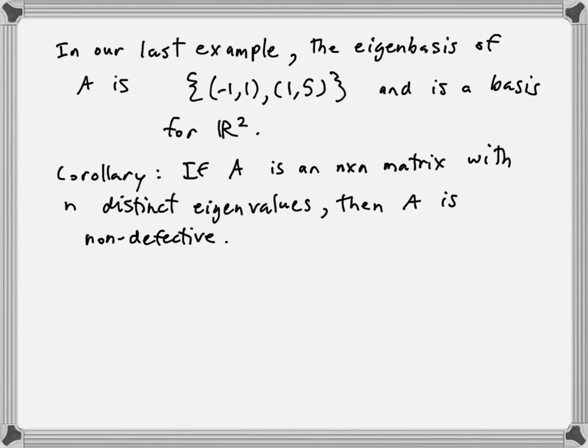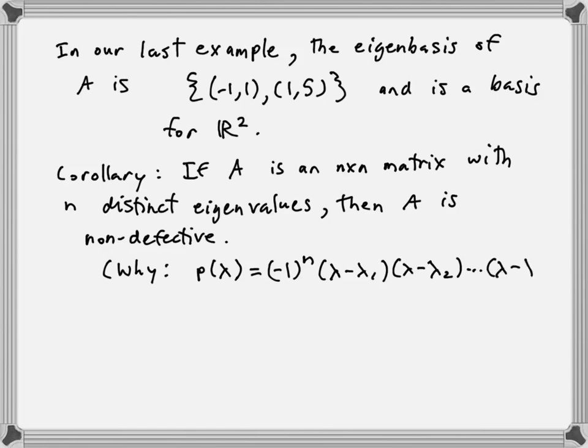Let me say really quick why. When you factor p of lambda, it's going to be negative 1 to the n, and then every eigenvalue appears exactly once. Because each of these eigenvalues has multiplicity 1, and each has at least one eigenvector, you know you're going to have n of them. And they're all linearly independent by the last theorem. Okay?